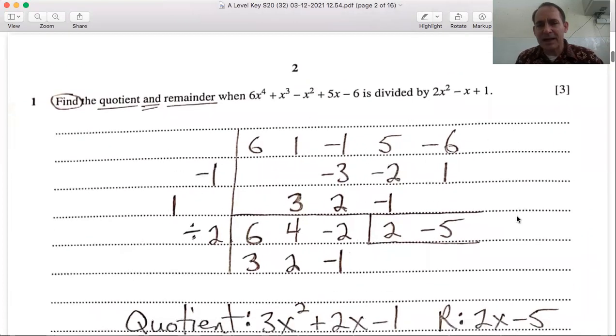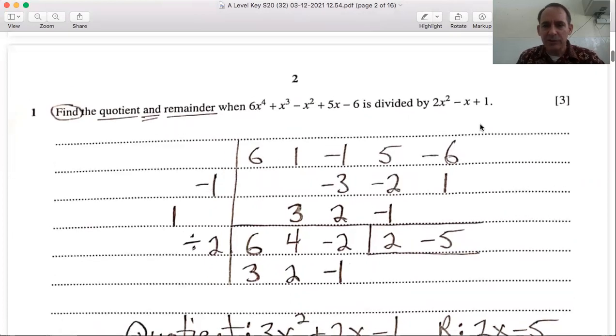So with the divisor, we start over here on the left, and we use the opposite sign. We're going to start on the inside and work our way out. So this +1, we're going to make it a -1, and this -1 here, we're going to put on the next row below over a little bit, and that's going to be +1.